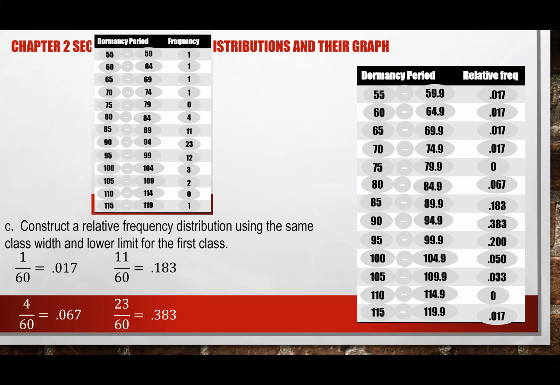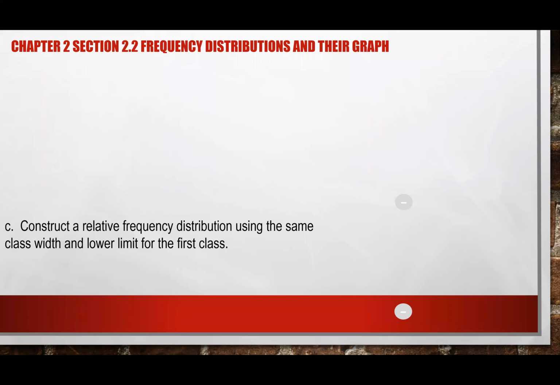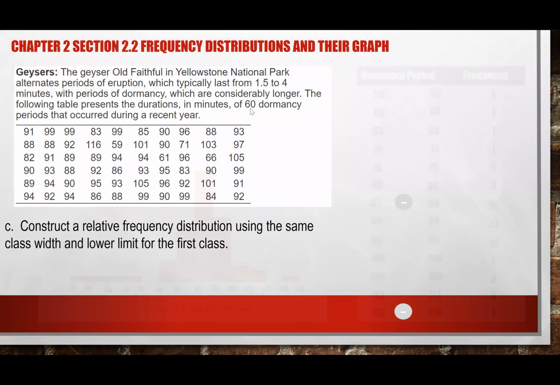Question with relative frequency or frequency distribution table or any item that we cover so far. Where did you get the 60 at? I understand how to divide it, but where did you get the 60? The 60 is the total. The 60 is the total data we have right here. Oh, okay.